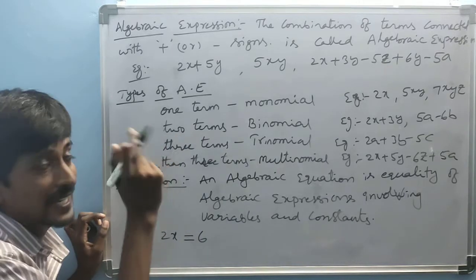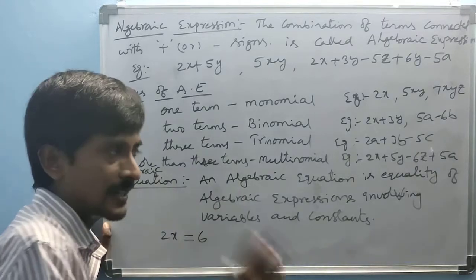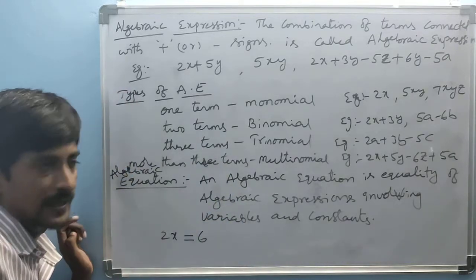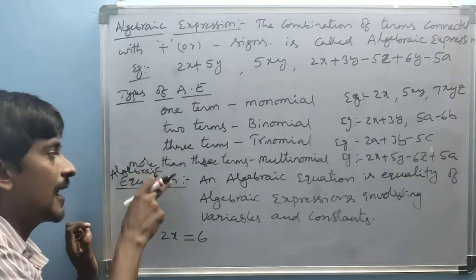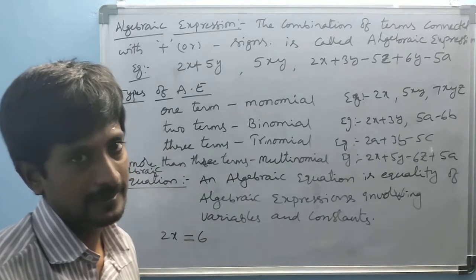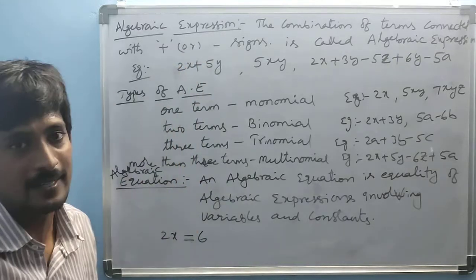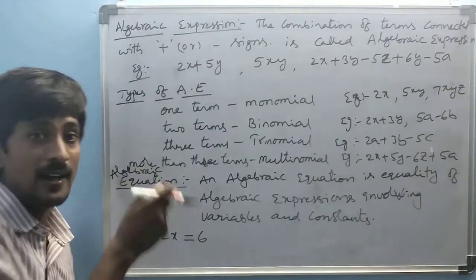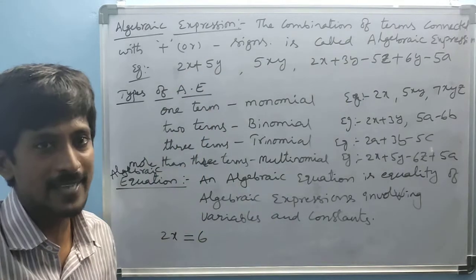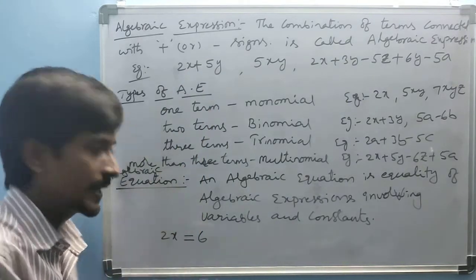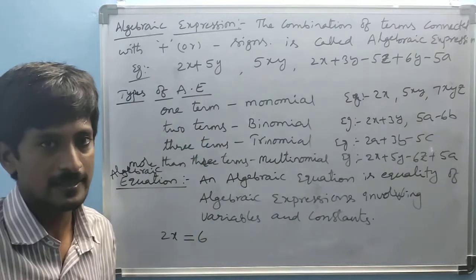That is the difference between equation and expression. An expression contains only variables and terms. If there is an equality symbol, then it is called an algebraic equation. Algebraic expression has no equality sign. Algebraic equation contains an equality symbol. That is the difference between equation and expression. Okay.